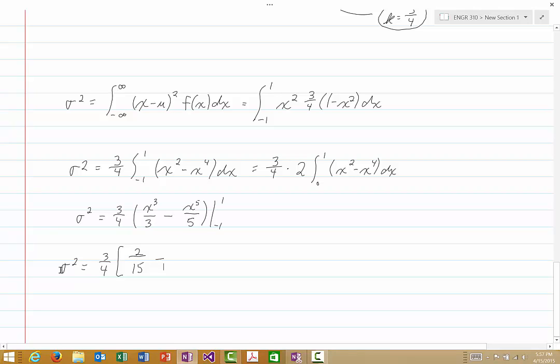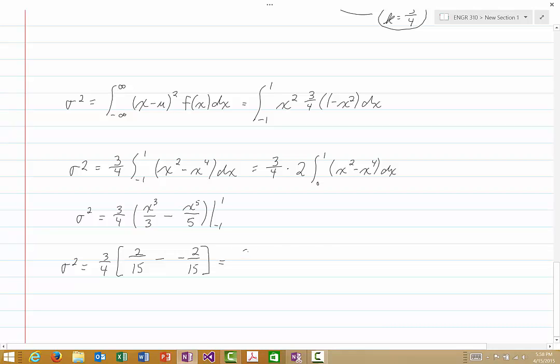And then at the lower limit, so we're going to subtract off what we get at the lower limit. And at the lower limit, we will get a minus 1/3 minus a negative 1/5, which is the same thing as negative 1/3 plus a positive 1/5. And so that will give us a negative 2/15.